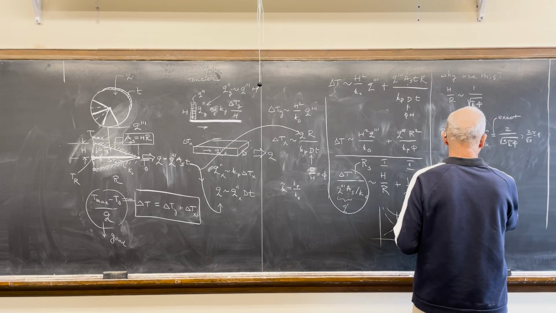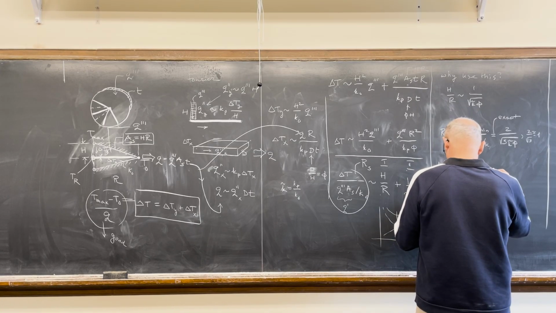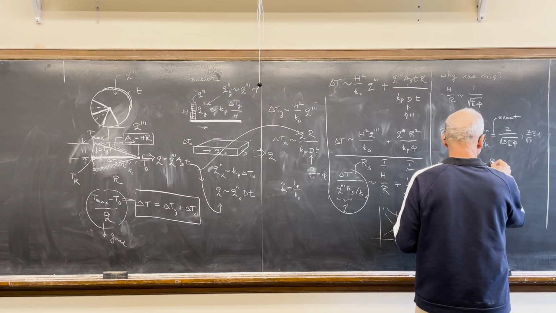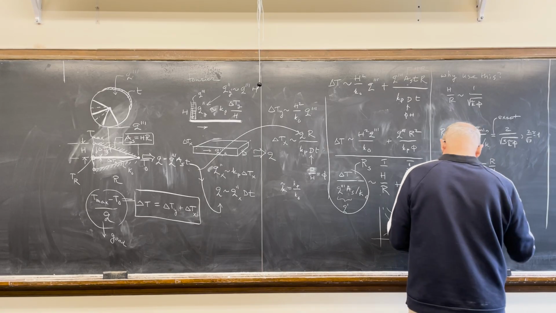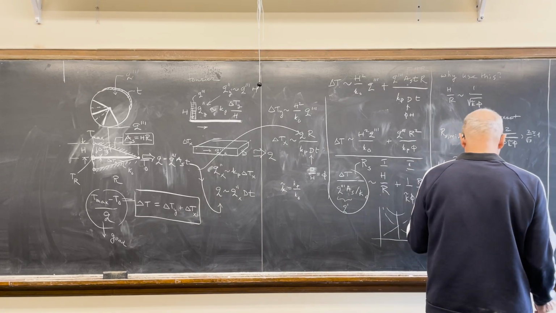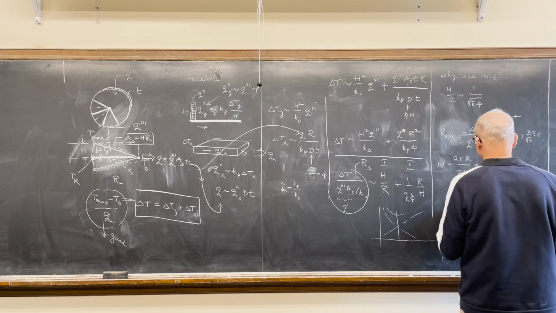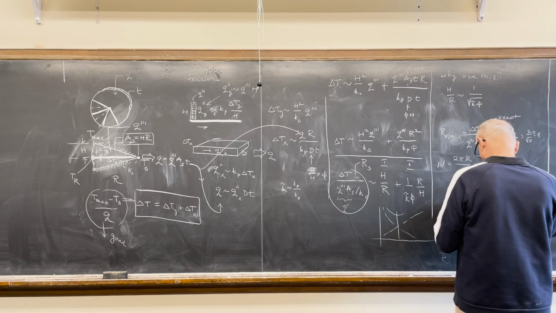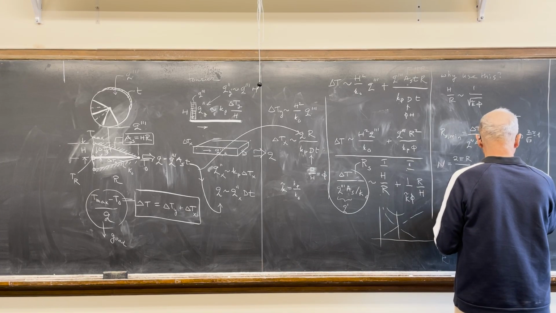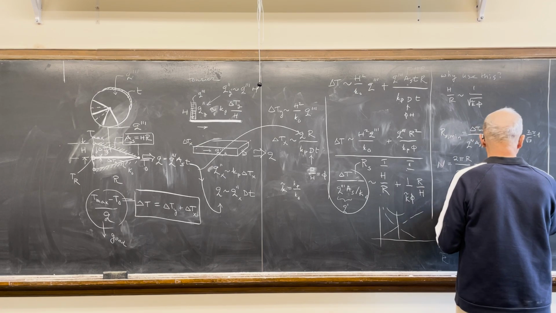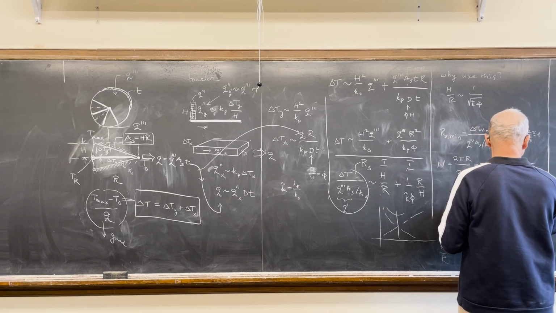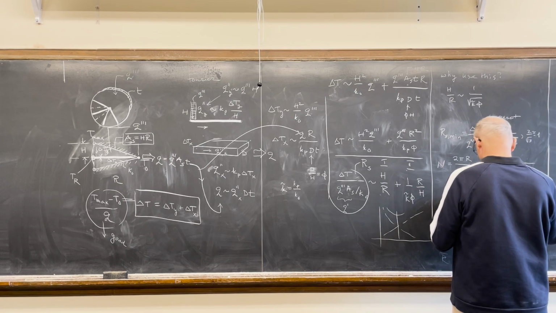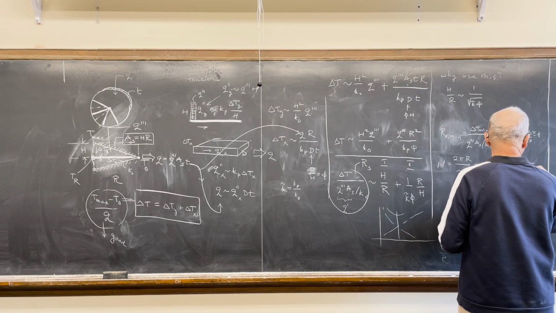Which takes you to pi times r over h, which means pi over 2, and then square root of, if you use the exact result for r over h, k phi.